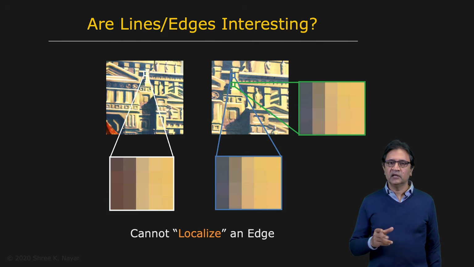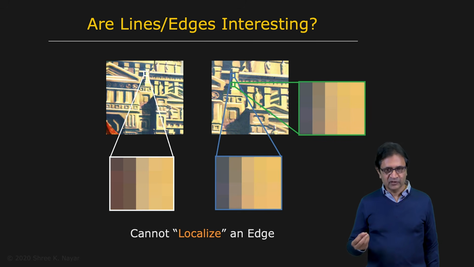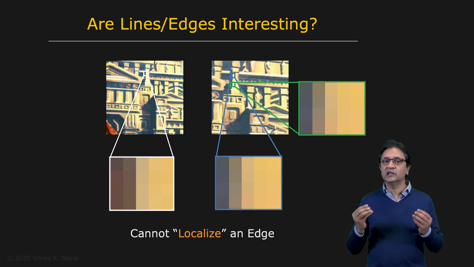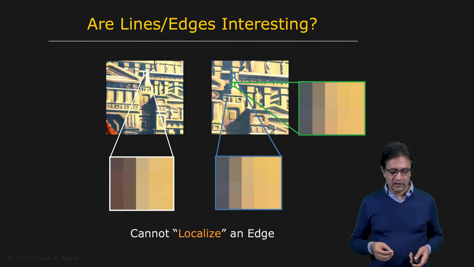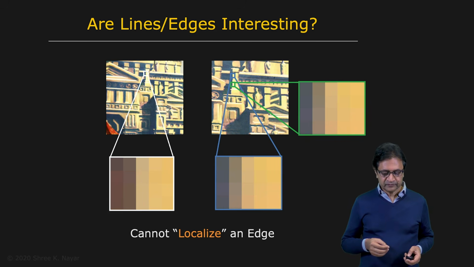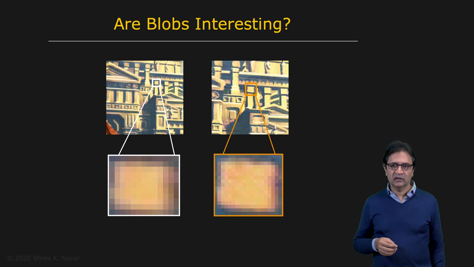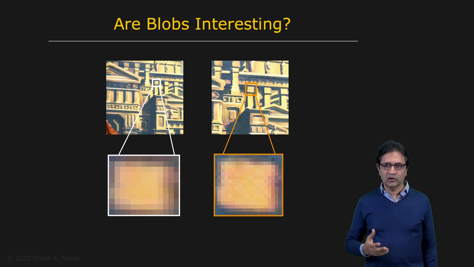Now, this might lead you to believe that perhaps corners are good. And indeed, corners are interesting interest points, and they have been used as interest points in the past, but for simpler applications, not for recognizing complex objects, because corners just don't show up that often and by themselves are not very unique features. So now let's take a look at something else, which is blobs.